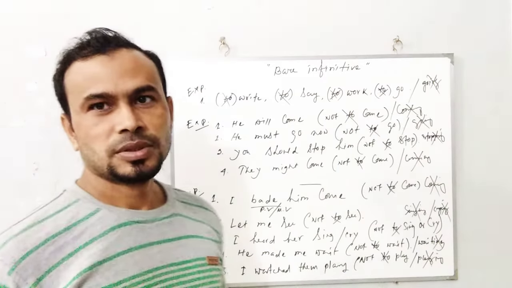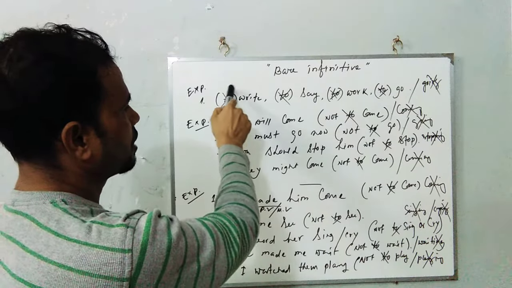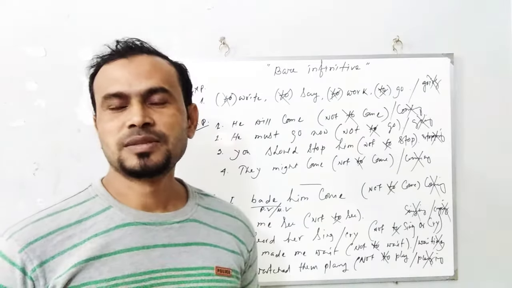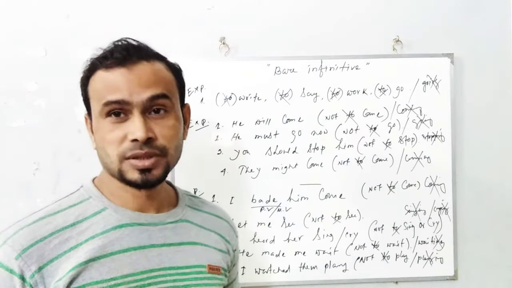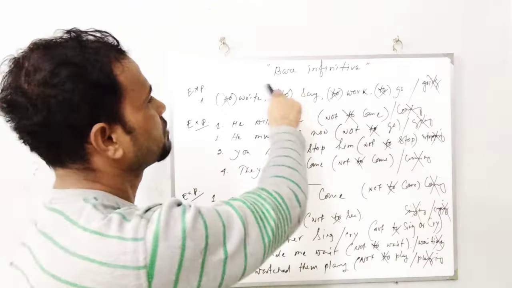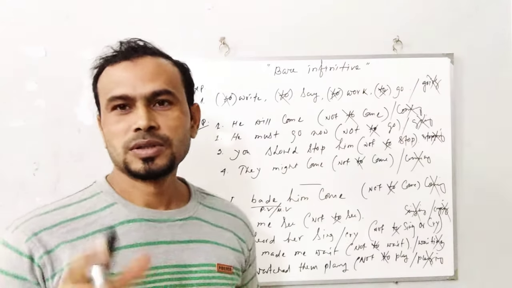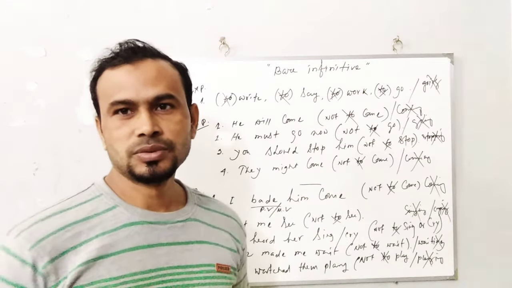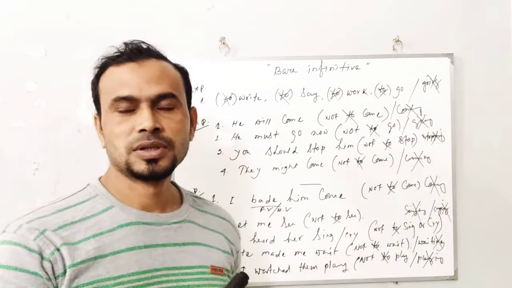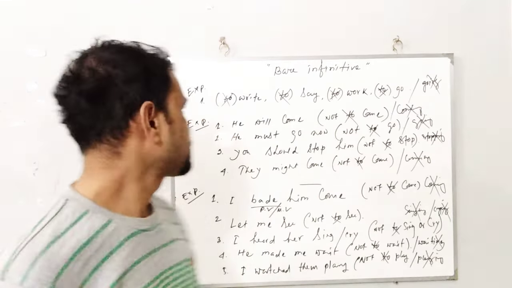"To" plus verb means infinitive verb, but here I am telling about bare infinitive. So the verbs are used without "to" in sentences. Those kinds of verbs we call bare infinitive.